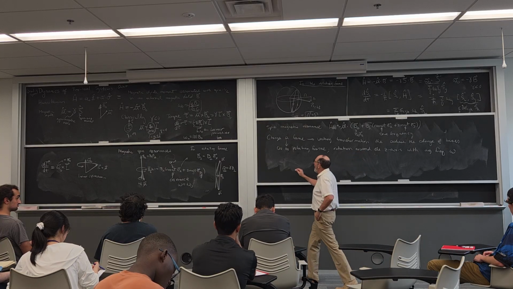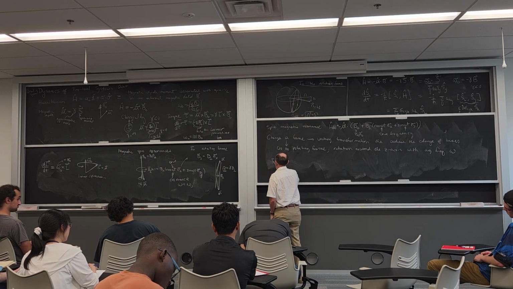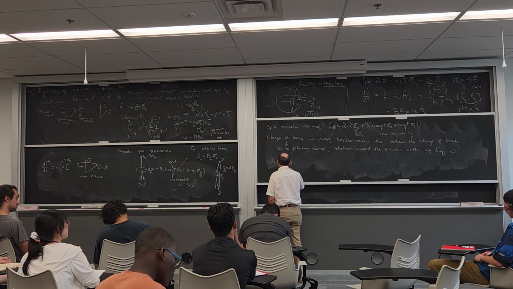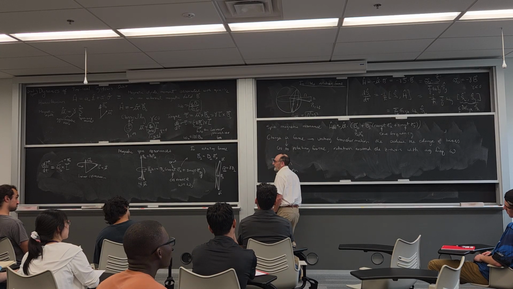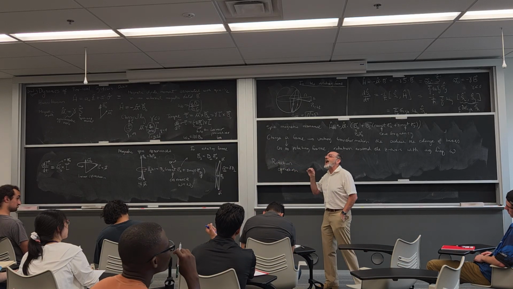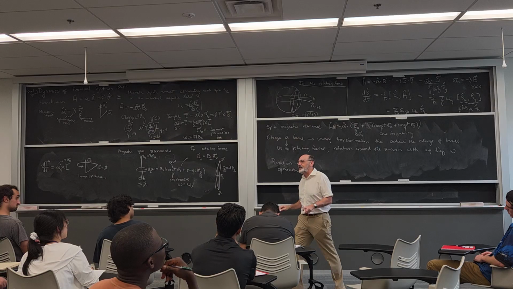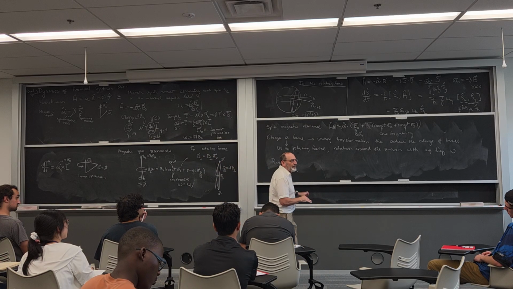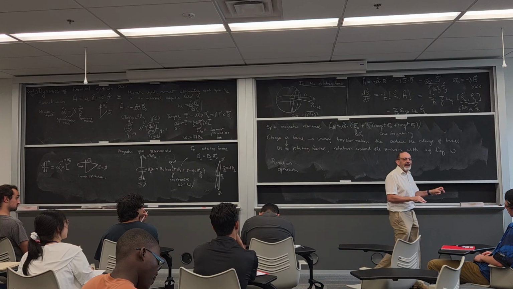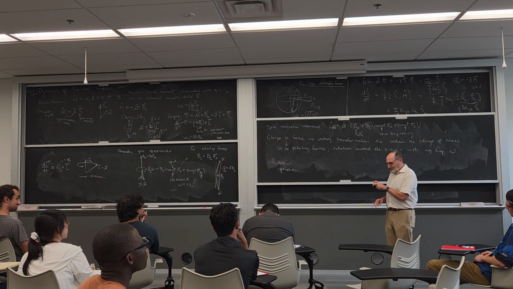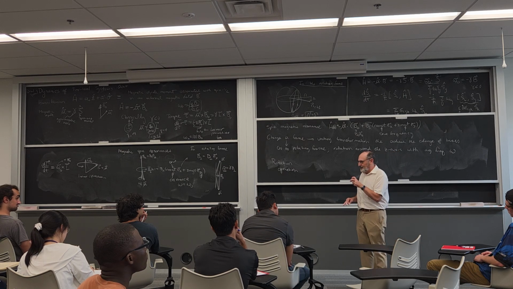So I want to talk about the rotation operator. The term rotation has different meanings. There's a rotation in Hilbert space, and there's a rotation of a vector in three-dimensional space. What I mean by a rotation operator is something that rotates a vector in three-dimensional space. But it's an operator that acts on Hilbert space.